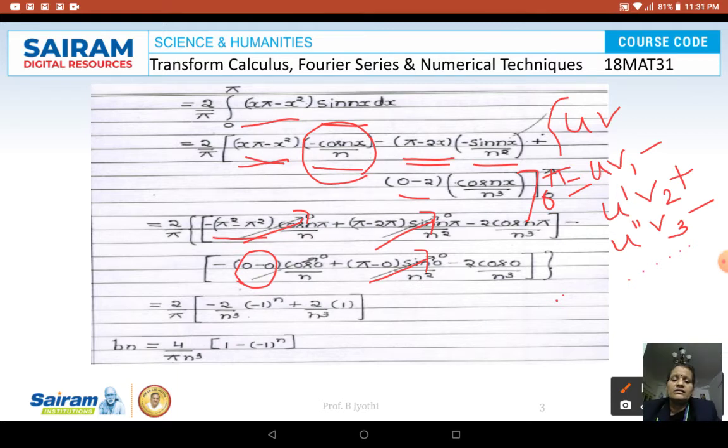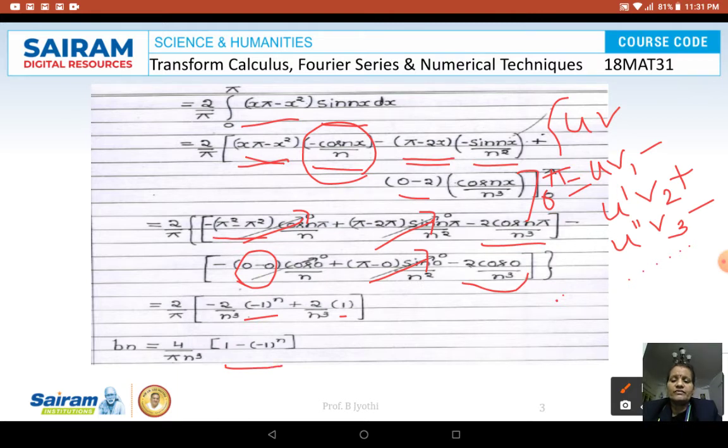Only the cos 0 term alone will remain in the second, and cos n pi will be there in the first term. We know that cos n pi is minus 1 power n and cos 0 is plus 1. 2 by n cube is common for both of them. When we take it out, it will be 4 by pi n cube, open bracket, 1 minus of minus 1 power n.